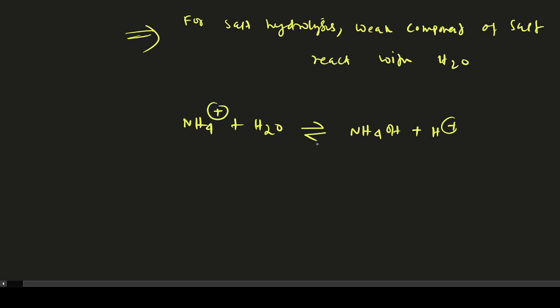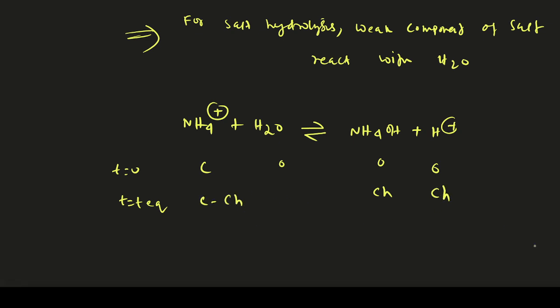Okay, so at T equal to 0, let's say this is C, 0, 0, and at T equal to equilibrium, let's say CH amount is formed, so C minus CH.